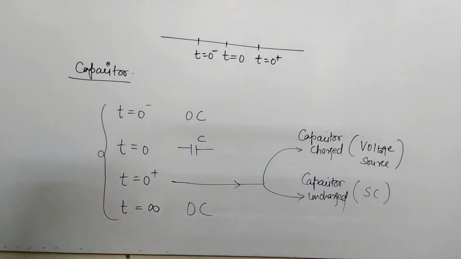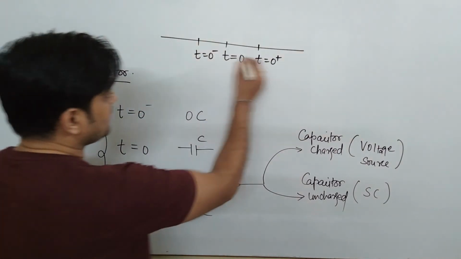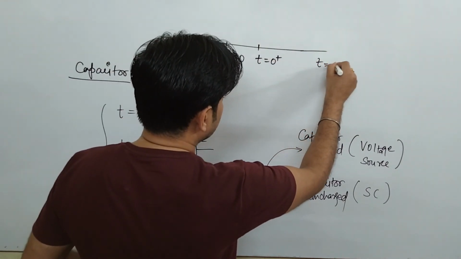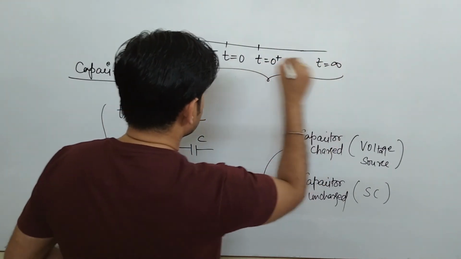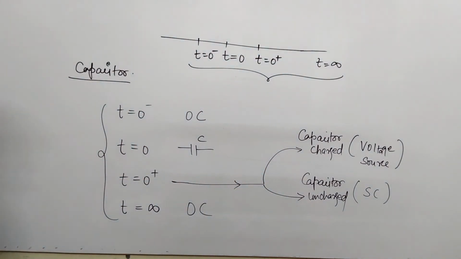Now this is our time instant, this is t equal to infinity. On the basis of this number line, from t equal to 0 negative to t equal to infinity, we have understood this concept.